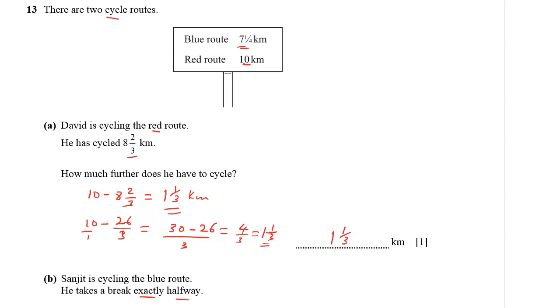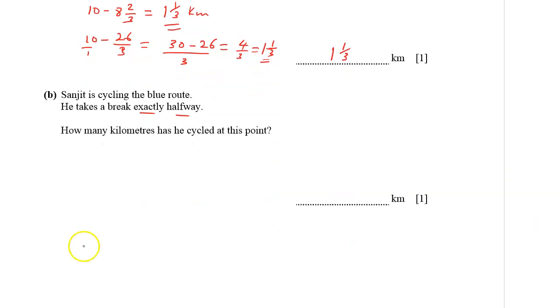So if it's halfway, then we need to find how many kilometers has he cycled at that point. So basically, we are going to be looking for half of 7¼ kilometers.